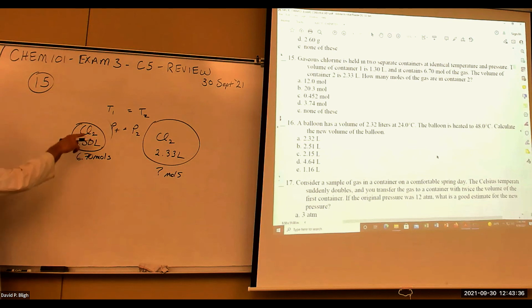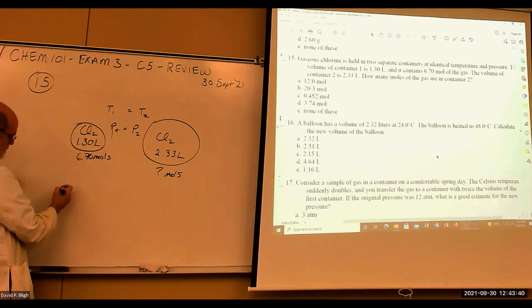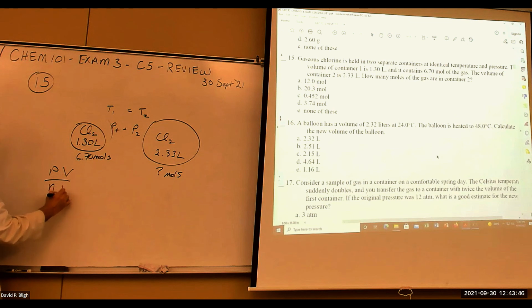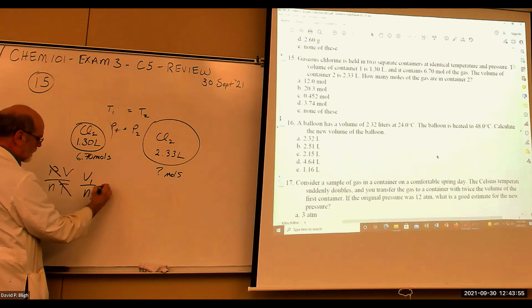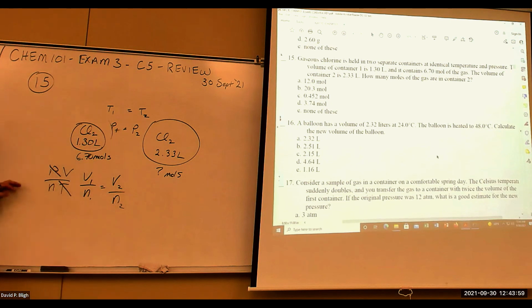So we can say this is the before condition. What's the relationship here? Well, if you can't remember, pressure, volume over moles and temperature. Temperature is constant, pressure is constant, so it's V1 over N1 equals V2 over N2. That's where you can use the combined gas law to figure out which one to use.